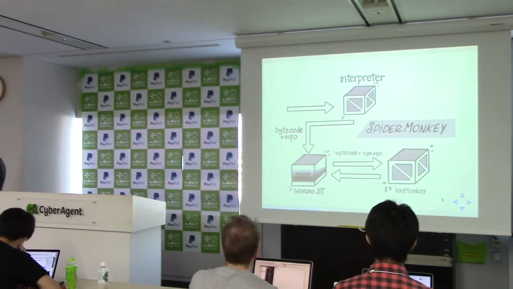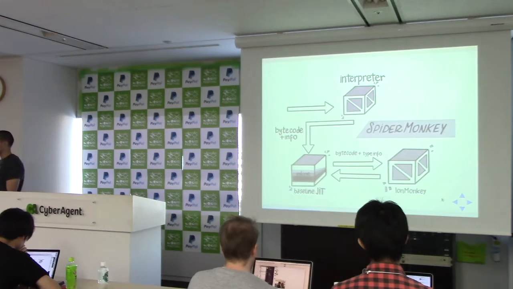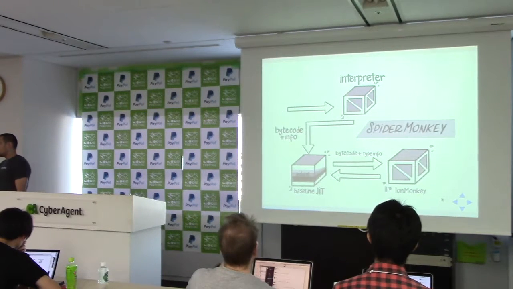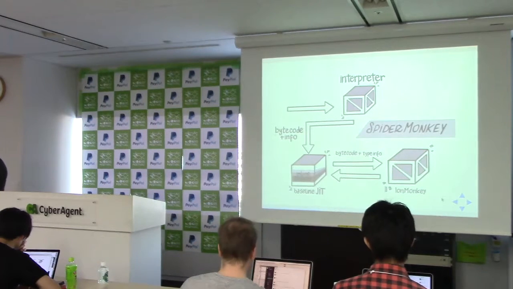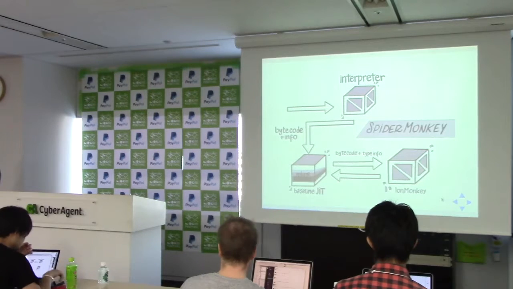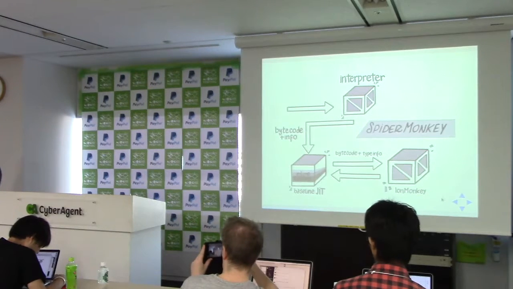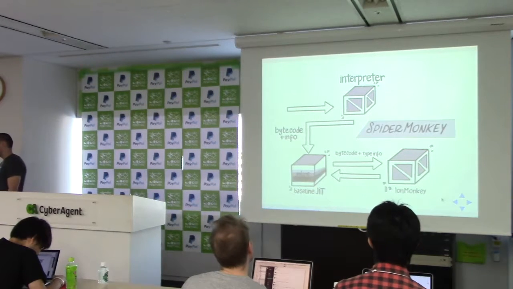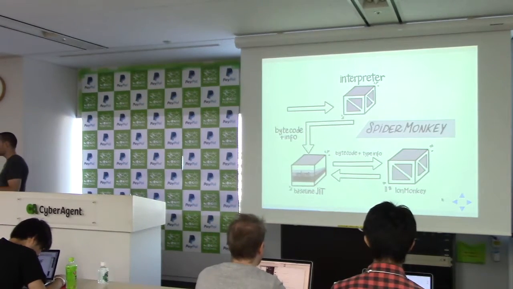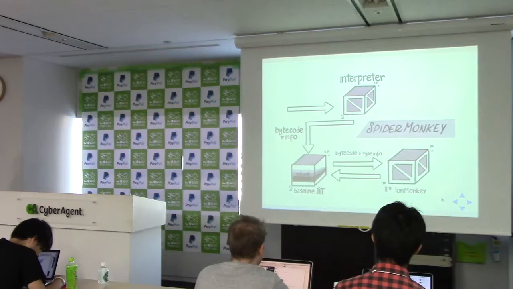After a certain amount of times a function is executed, the engine will mark that as candidate for optimization. And we'll grab the bytecode plus any other information the interpreter could gather, and we'll compile that as fast as possible to machine code.